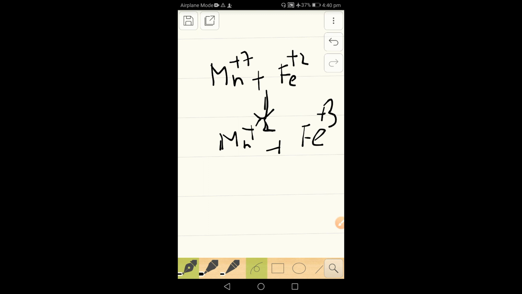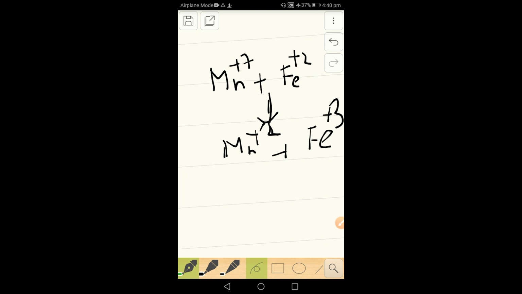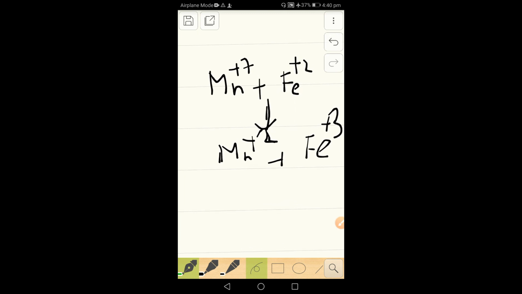Now let's put numbers. I put here A, B, then C, then I put here D. Okay, so here we go. We have to balance both the mole and the charge. So first of all, let's talk about mole balance.